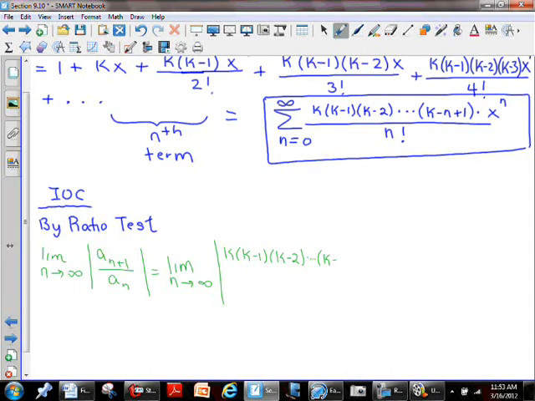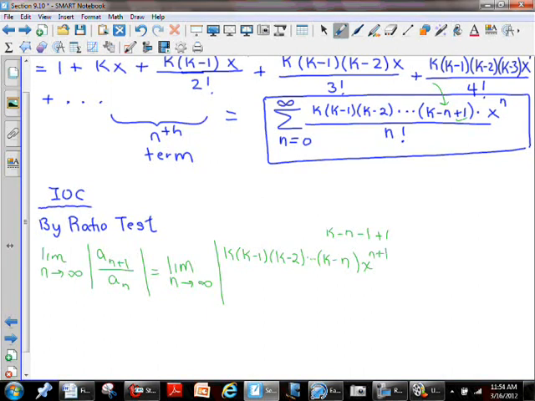This n value right up here, if that n were an n plus 1, I would be subtracting a quantity n plus 1, which would give me k minus n minus 1, and then of course I have the final plus 1 that you see here. So that's just going to simplify to be k minus n. Does anybody get that? And then of course I have x to the n plus 1.